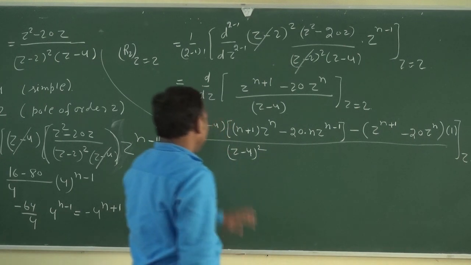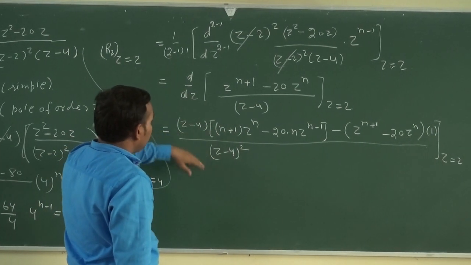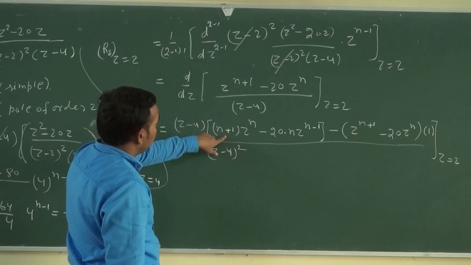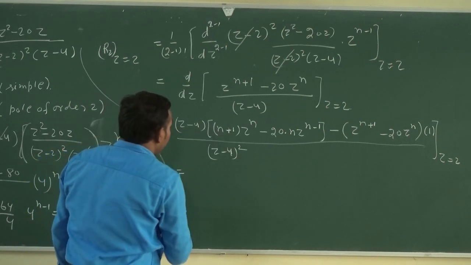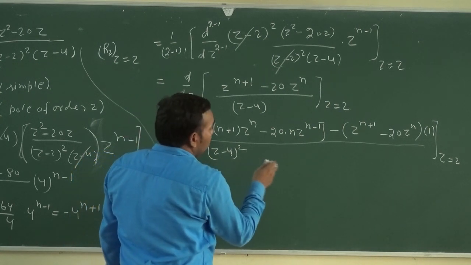This is simply differentiating with respect to z. Now put the value z equal to 2.